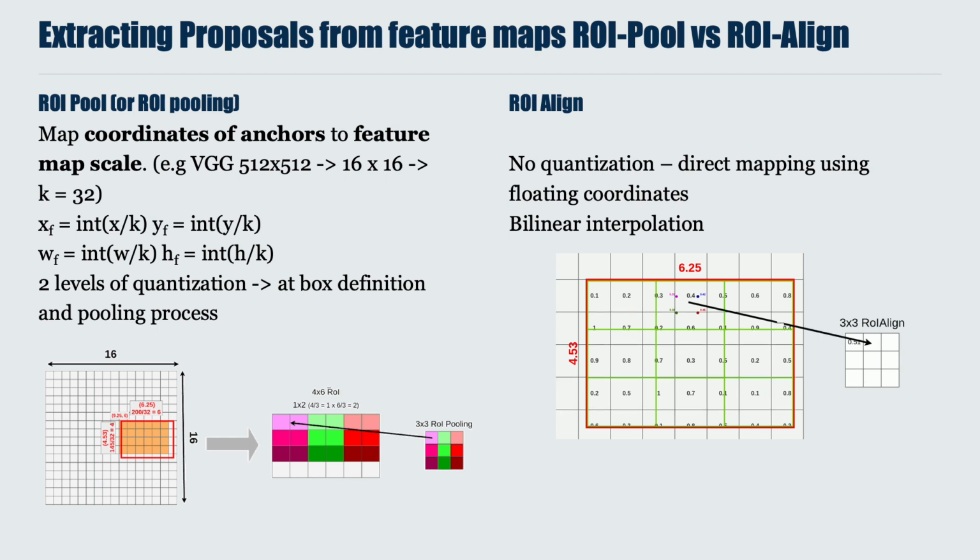So in terms of mapping your coordinates of anchor to feature map scale, imagine a VGG network. You begin with a 512 by 512 and you end up with a feature map that is 16 by 16. So the original location of boxes maybe need to be divided by the scale factor, which is here 32.